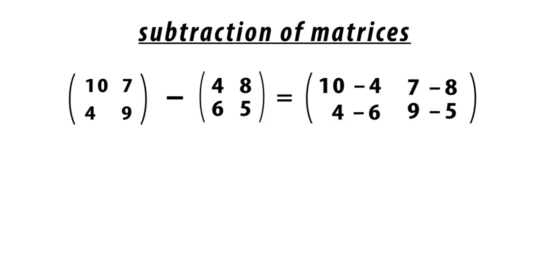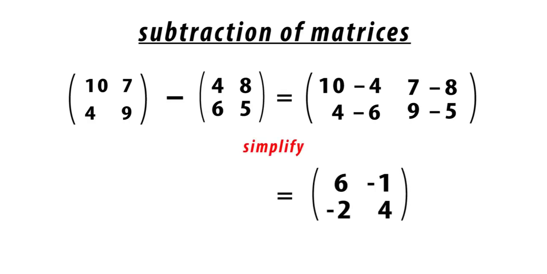And that will be equal to 10 minus 4, 7 minus 8, 4 minus 6, and then 9 minus 5. We simplify this to get 6, negative 1, negative 2, 4. Great.